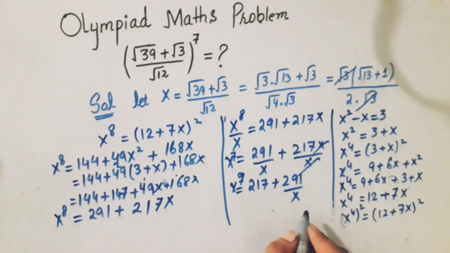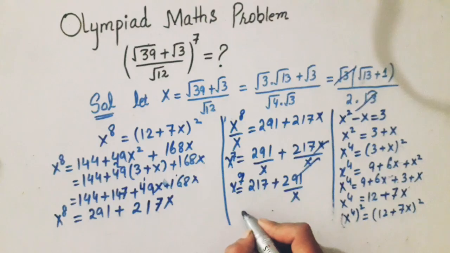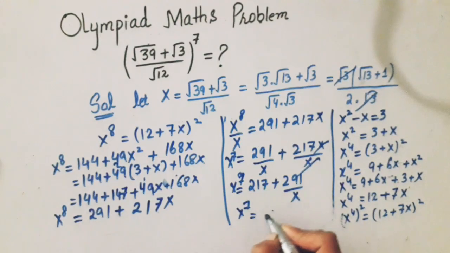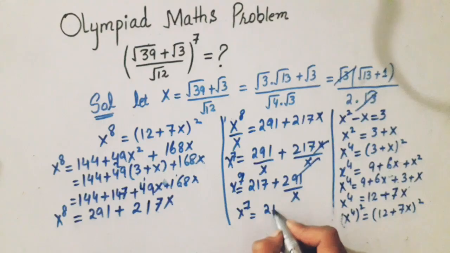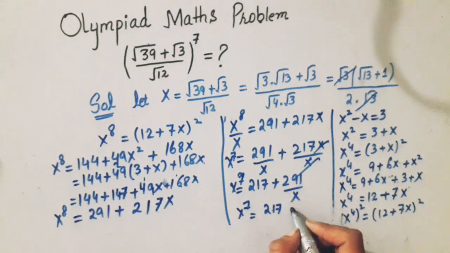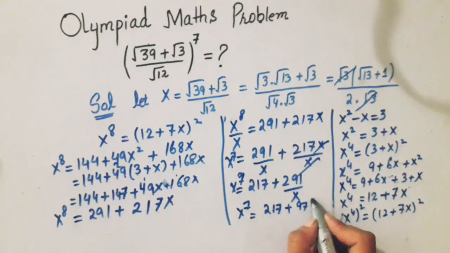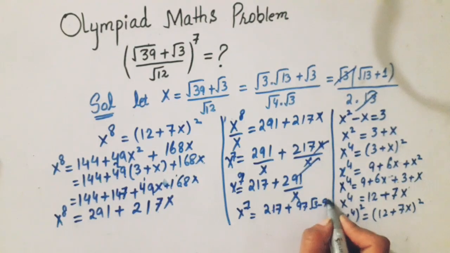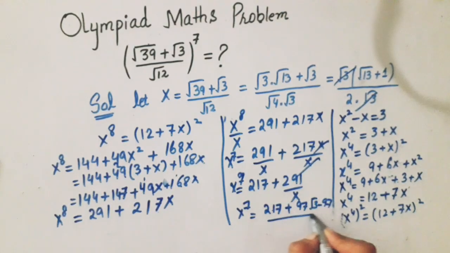Now we will do the next step, that is x7 equals 217 plus 97 root 3 minus 97, divided by 2.